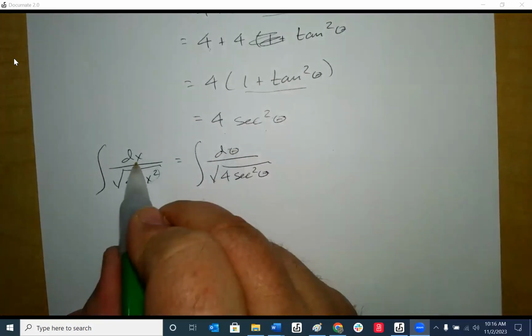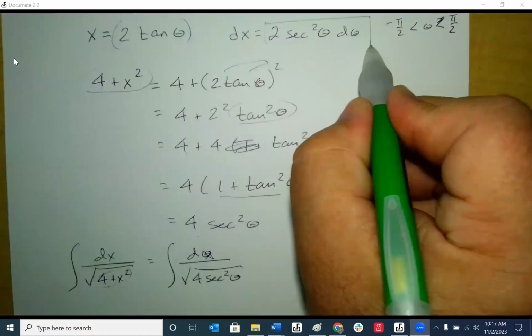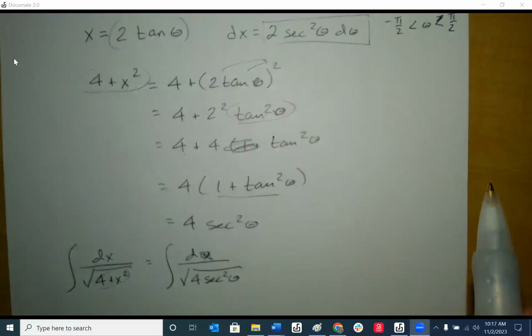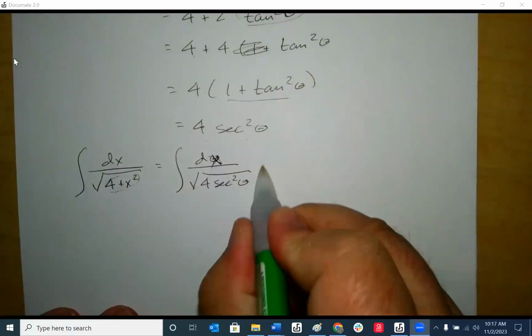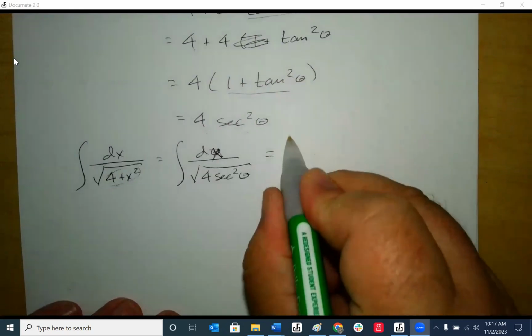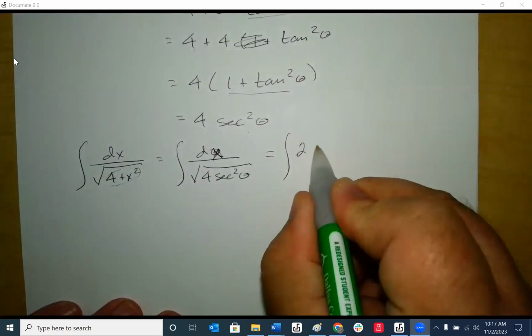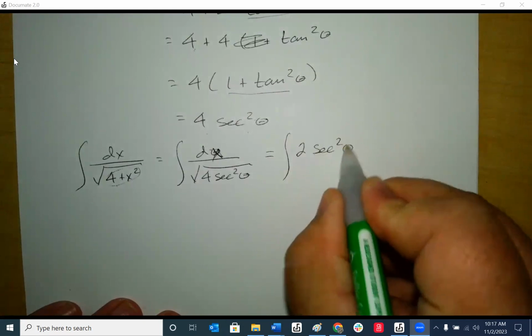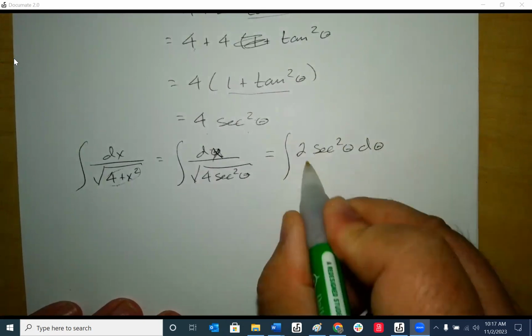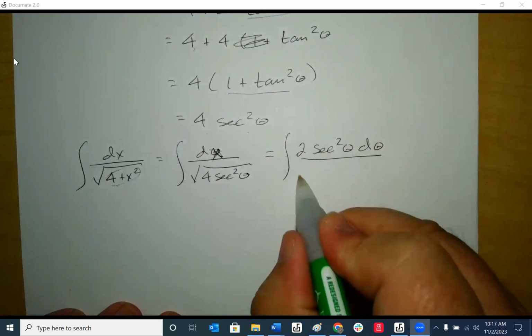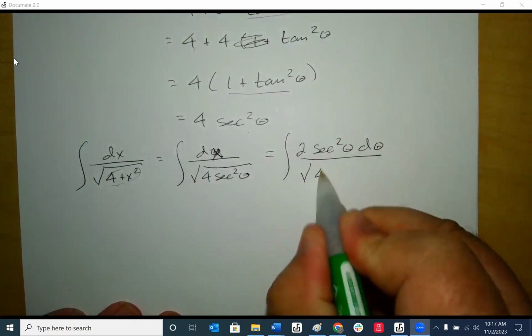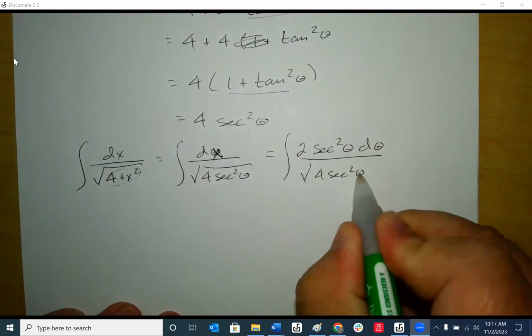And dx on top. This dx was this. So on the top we have dx, so that becomes 2 secant squared theta d theta. This is the conversion because we're going from x to theta. And this is the square root of 4 secant squared theta.